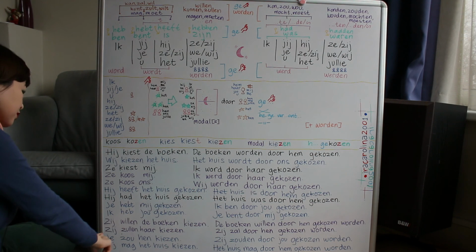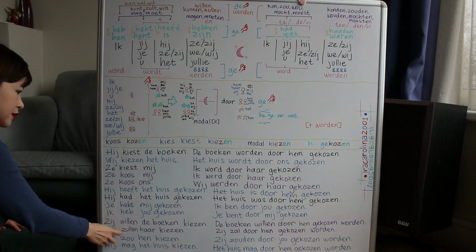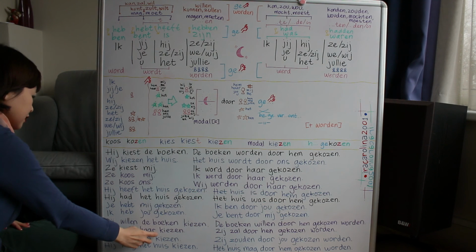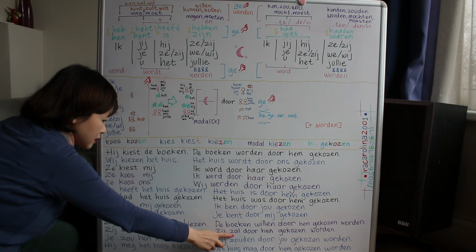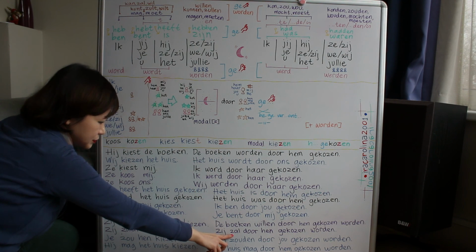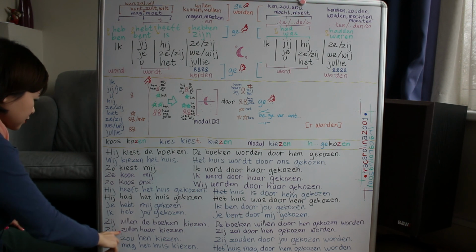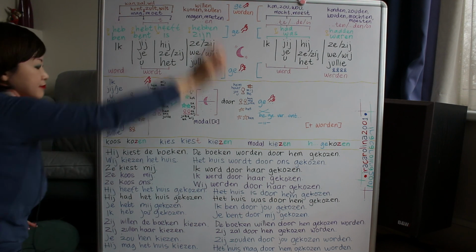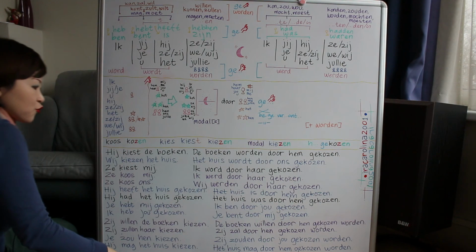We see here is the same zij and zij, but the zij here becomes hen, more than one. This haar becomes zij, so the zij here uses zal because it's she. This zij uses zullen because it's more than one. Don't forget, after the gekozen, we put worden.